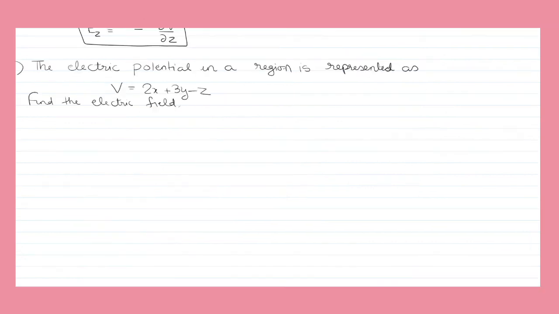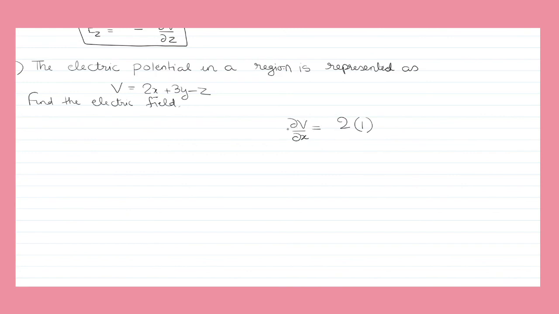We can see here there is a question which says that the electric potential in a region is represented as V is equal to 2x plus 3y minus z. So we have to find the electric field. Now this potential depends on x, y as well as z. If I partially differentiate this with respect to x, we get 2, and differentiation of x will be 1.